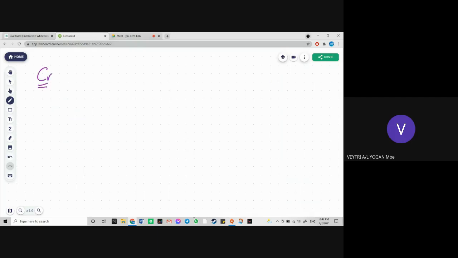So you have to draw the orbital diagram. Let's draw one by one. 1s, 2s, 2p, 3s, 3p, 3d, 4s.